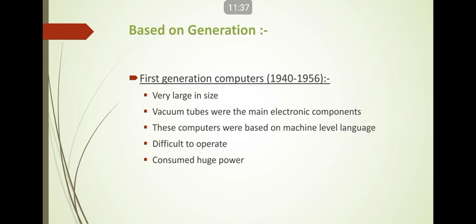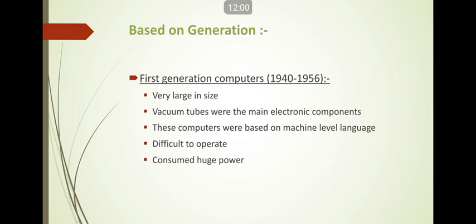Power means electricity, and they release lots of heat. So in these computers, additional ACs or coolers were required to keep them cool. That is why the power consumption was too much.